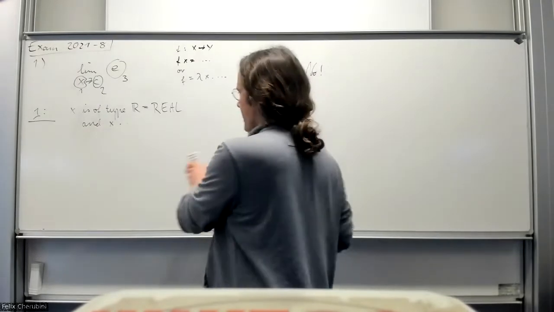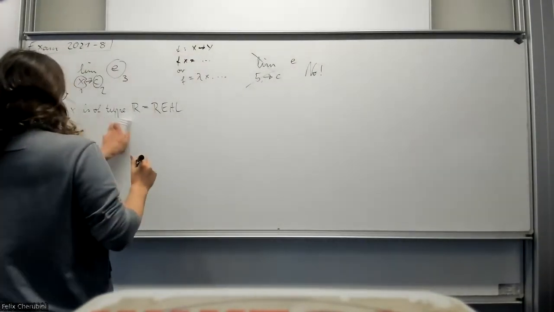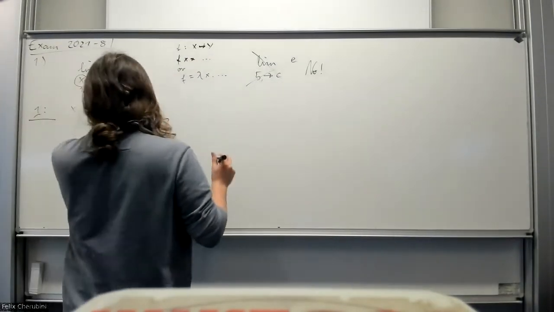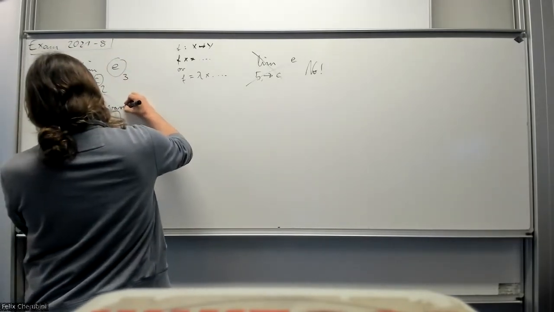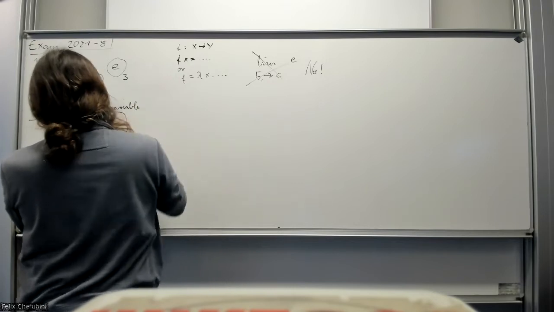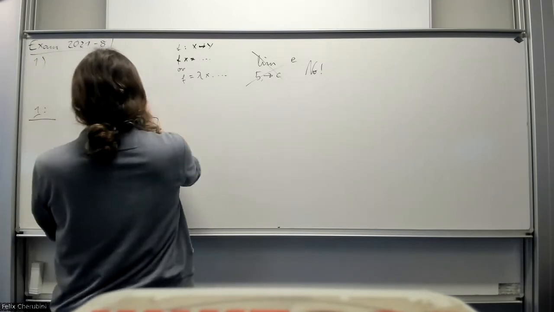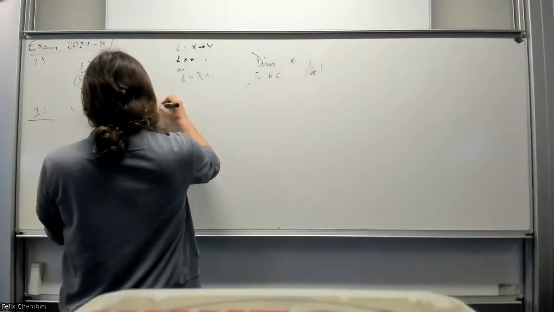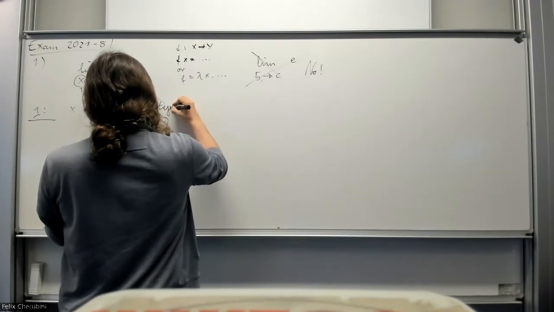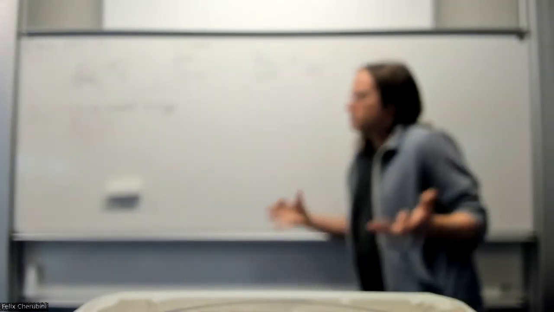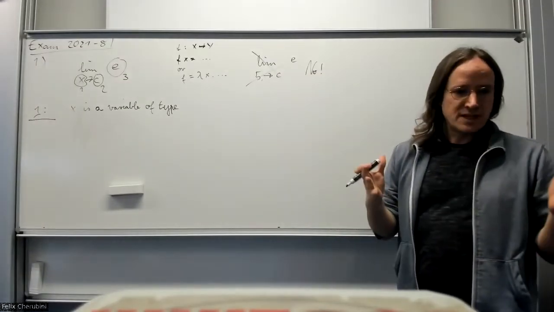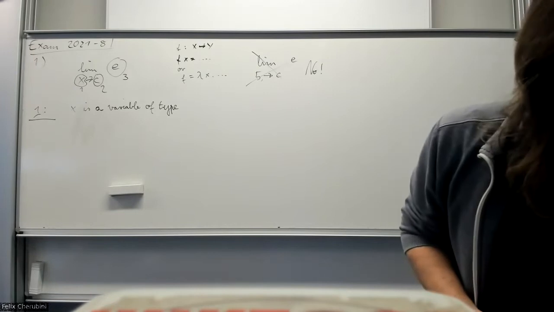So we have to say X is a variable. So it's a special term, a variable of a type. Now that's something more specific.